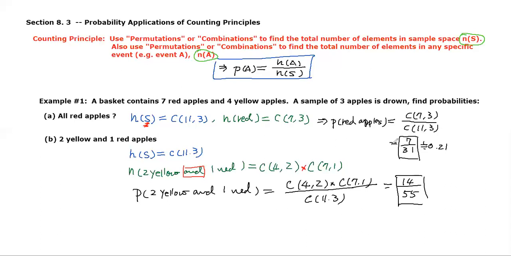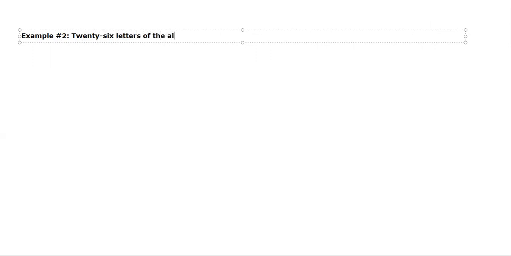All right, so let's take a look at the next example. This is example number 2, see here. In this example, the 26 letters of the alphabet are in a basket.